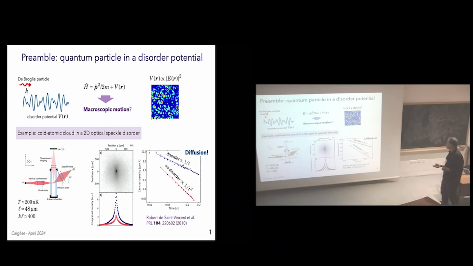Now they also looked at the density at the cloud center, at the maximum of the density, as a function of time, and they identified a very clear one-over-time decrease, which in two dimensions is a characteristic signature of a diffusion process, a diffusive expansion.